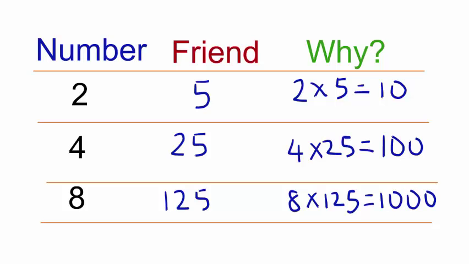So, by multiplying the denominator and the numerator by the friend of the denominator, we can find relations between fractions, decimals, and percentage. Let us consider 1 by 4. We know the friend of 4 is 25. So, we can multiply the numerator and denominator by 25.